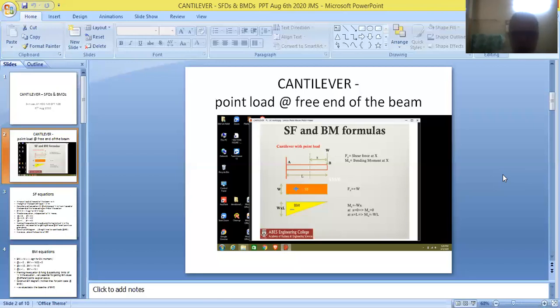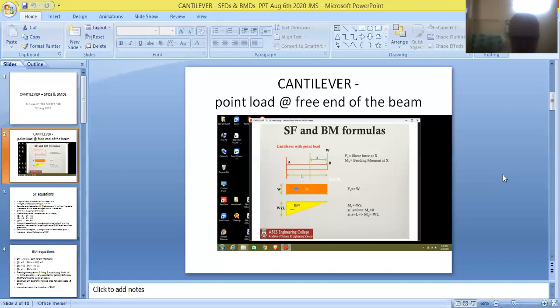Here only one load is acting on the right side of this section. So, shear force is written as capital W, and this is acting in downward direction. So, it is written as plus capital W.